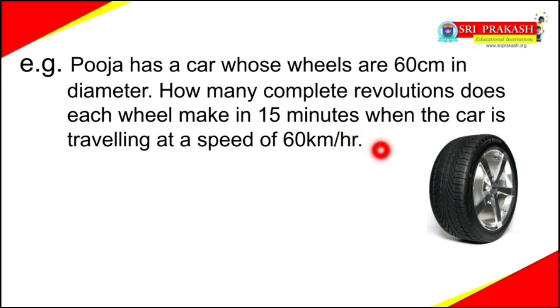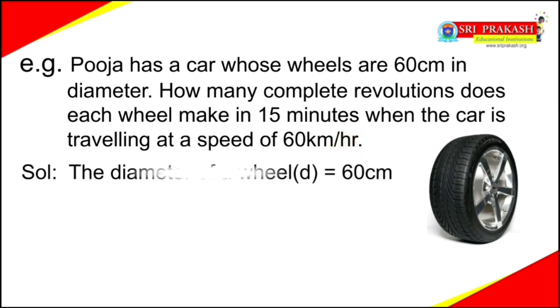So, let us start. According to the problem, the diameter of a wheel is equal to 60 centimeters. Now, let us find its radius. We know that radius is equal to half of the diameter. Here, the diameter is 60 centimeters. Half of 60 is equal to 30 centimeters.